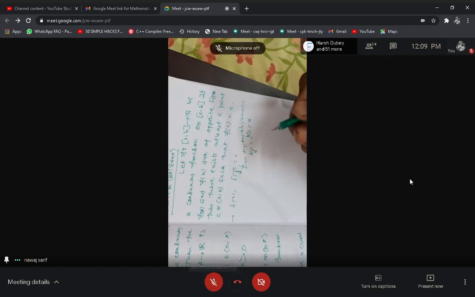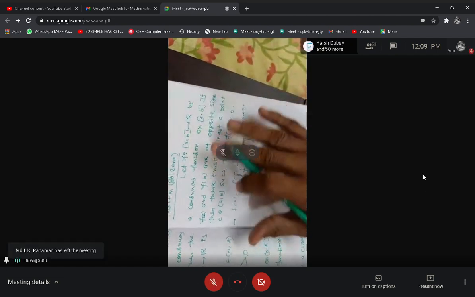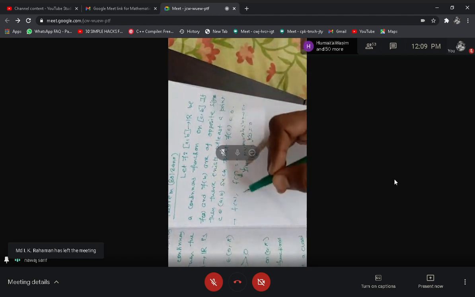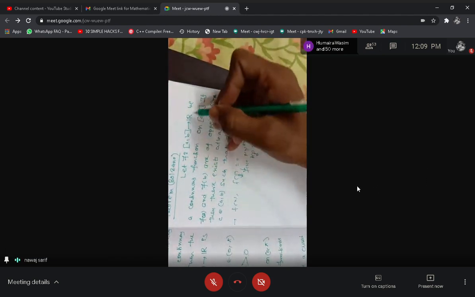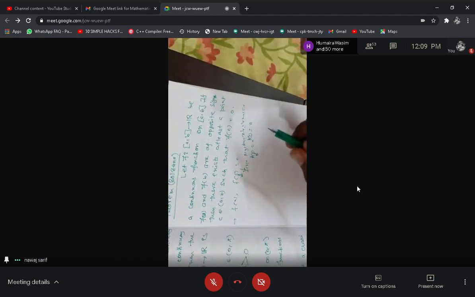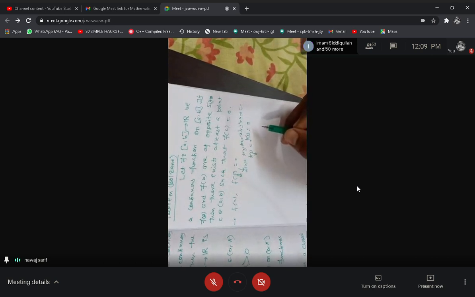The set which we assume here, the range of all these functions, is in the reals. Nothing to do with the complex system. We are working on a real system.